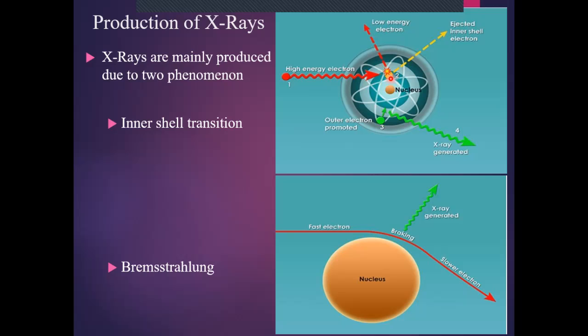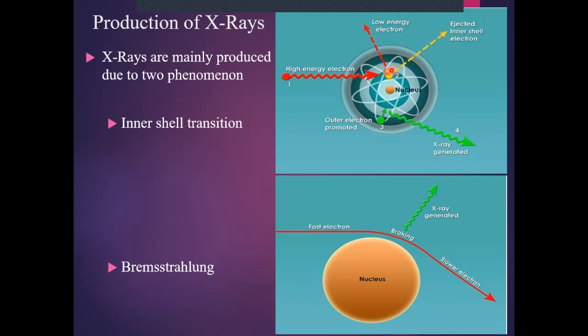It strikes this electron and knocks it out, and it escapes from the atom. So a vacancy of an electron is produced in the inner shell.